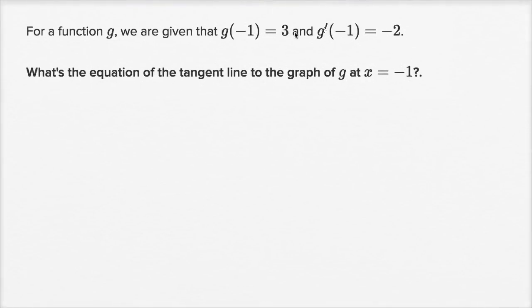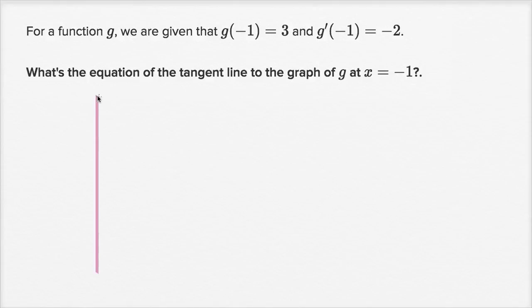Let's do another one of these. For a function g, we are given that g of -1 equals 3, and g prime of -1 is equal to -2. What is the equation of the tangent line to the graph of g at x equals -1? Once again, I think it will be helpful to graph this.